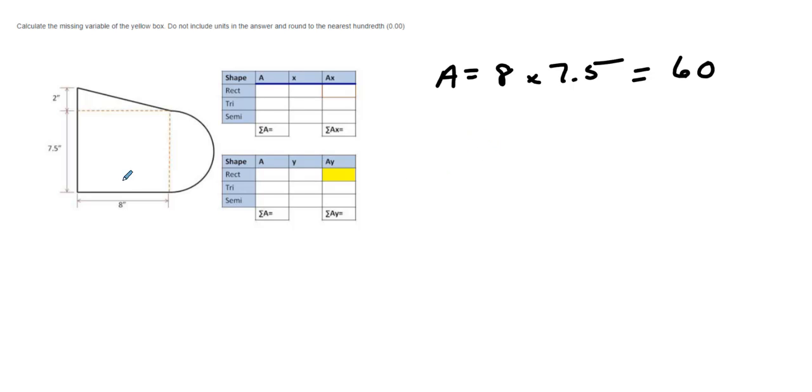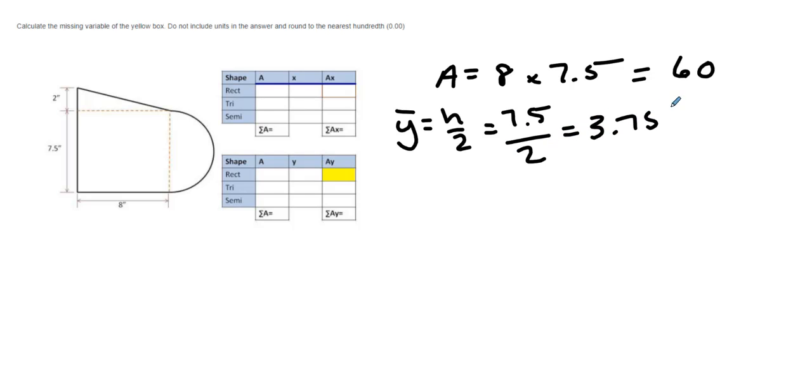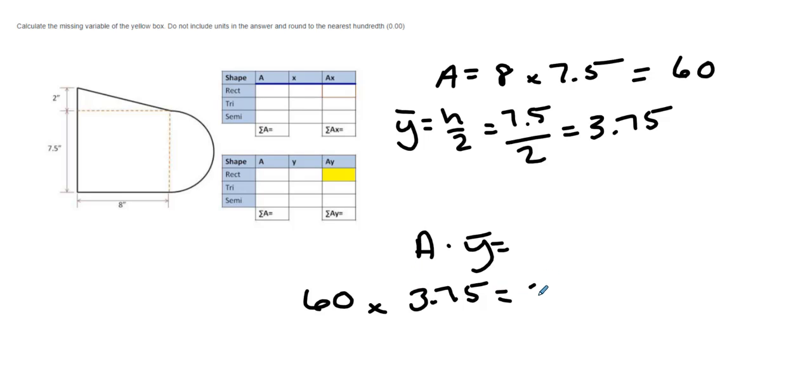And then the y location is going to be height divided by 2, which equals 7.5 divided by 2, which equals 3.75. So A times y is equal to 60 times 3.75, and the answer is 225.